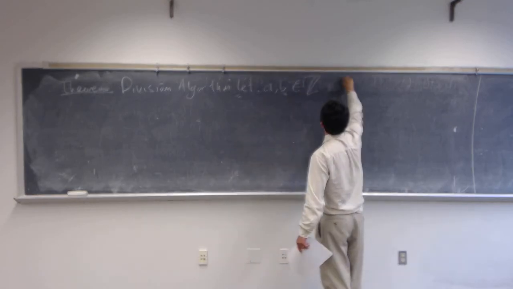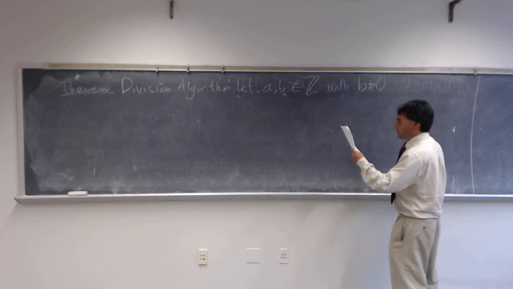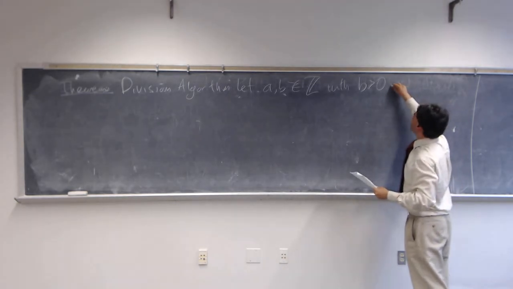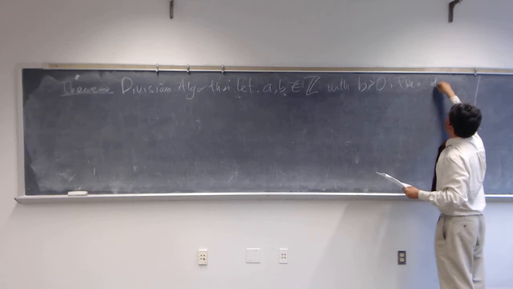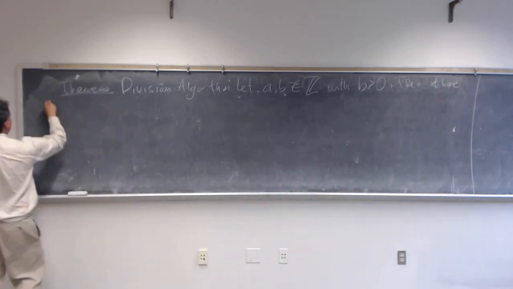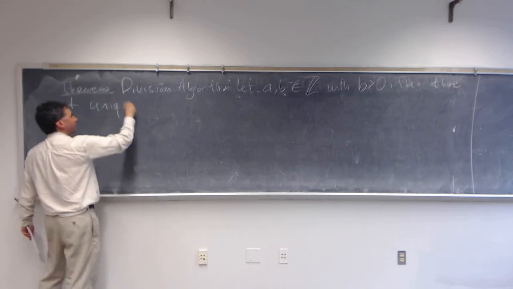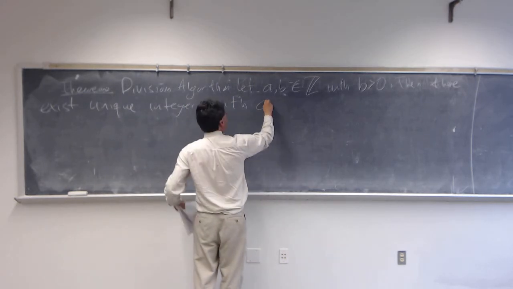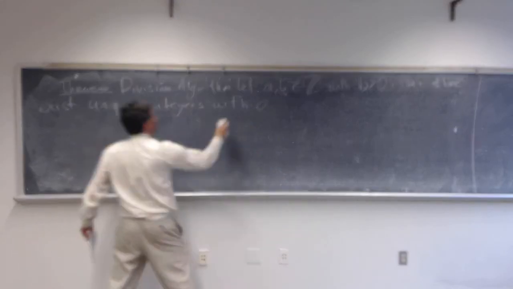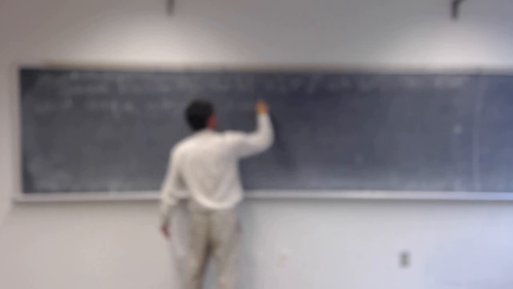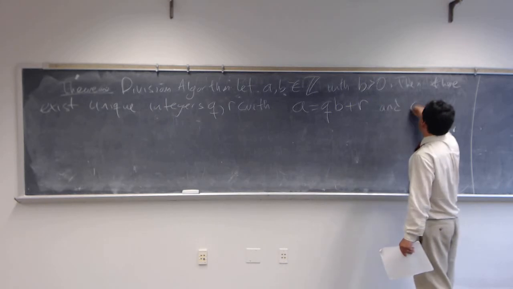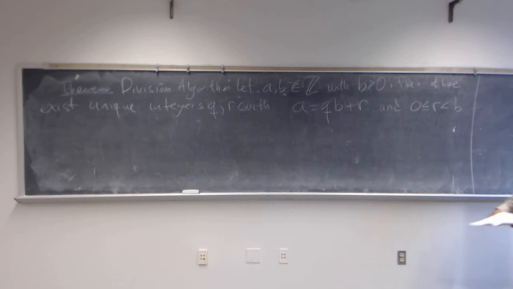If a and b are two integers with b greater than 0, then there exist unique integers, we should give these integers names, let's call them q and r, where a is q times b plus r, and r is greater than or equal to 0 and strictly less than b.